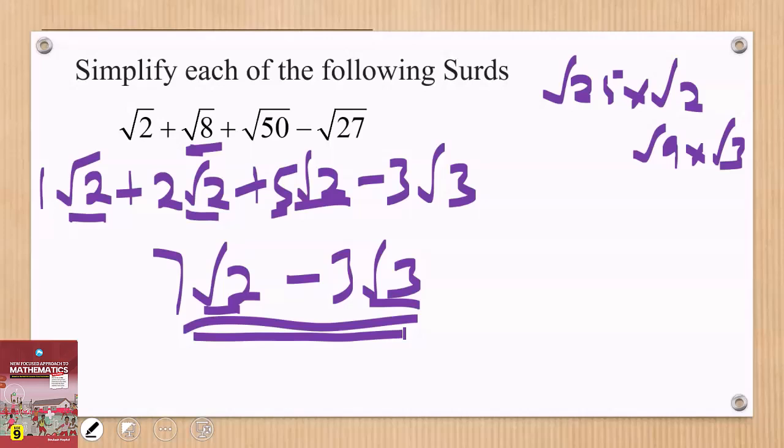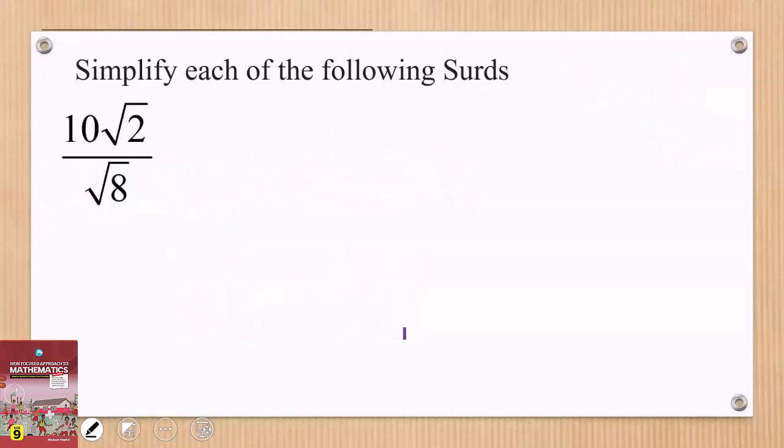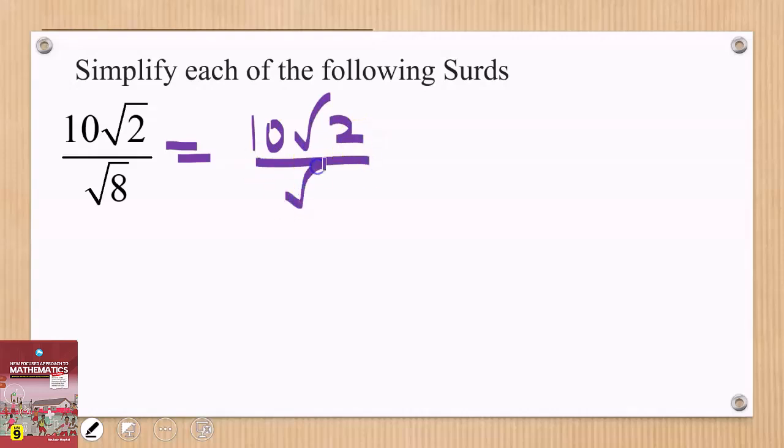Good. Now let's take another example. This time we want to apply rationalization. Okay, and so this is the same as 10 root 2 divided by root 8. Now since I'm not adding, I can keep the root 8 without reducing it to the lowest form, or I can also reduce it to the lowest form if I want.